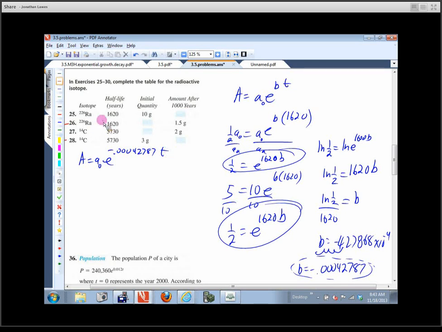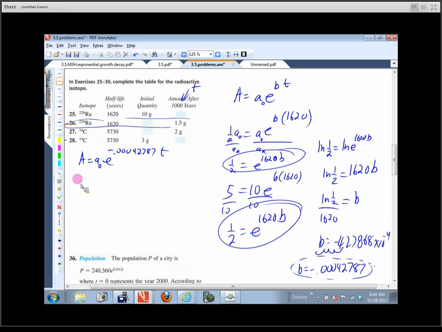Now, we're doing this problem right here. How would I figure out what the initial amount is? Because that's what it wants right there. Okay, if you let 1,000 years go by, this is how much would be left.